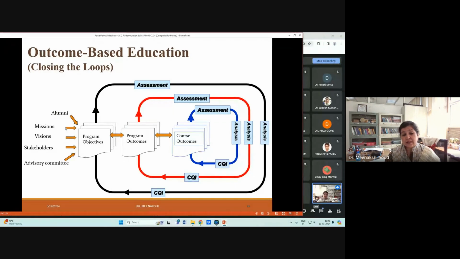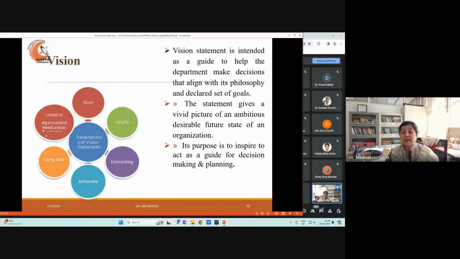And when we are defining this, we are including all the stakeholders, whether they are alumni, committees, parents, teachers, all, and along with it, the long term vision and the mission statements. So that is why we call it a win-win situation. Very briefly touching, we all know the vision statement, which gives the long term goal of that particular institute or the department, a very clear, very ambitious, distinguished picture, but it should be achievable also.